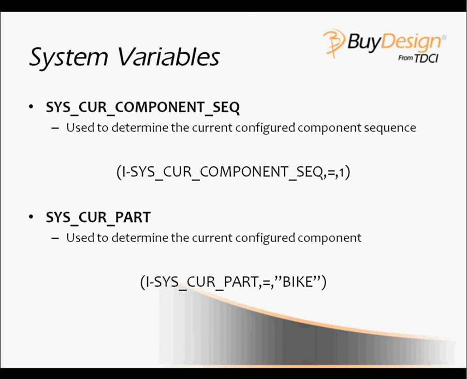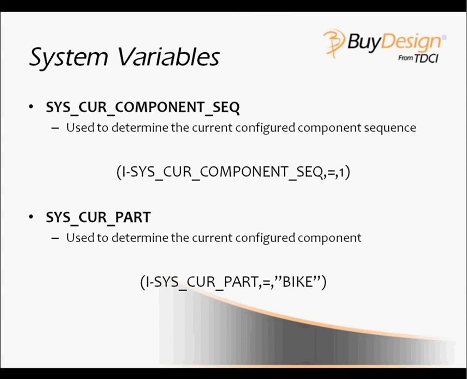All right, the next two system variables I'd like to look at are system current component sequence and system current part. The current component sequence is going to allow me to look up the current configured component sequence, to understand how my rules are going to be processed. So let's use the example of an entry door system.